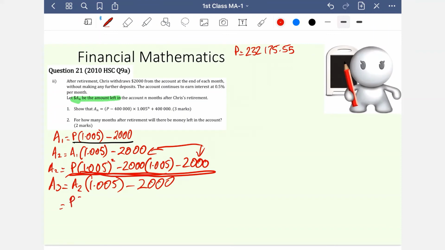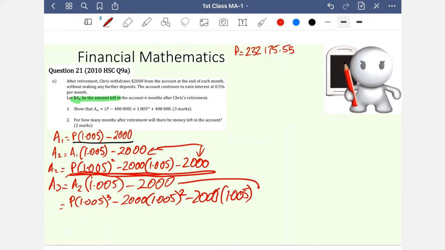So P times 1.005 to the power of 3 minus 2,000 times 1.005 squared minus 2,000 times 1.005, and then this 2,000, we bring it down here. Now we have a pattern. I've established a pattern. So A3 is P times 1.005 to the power of 3.